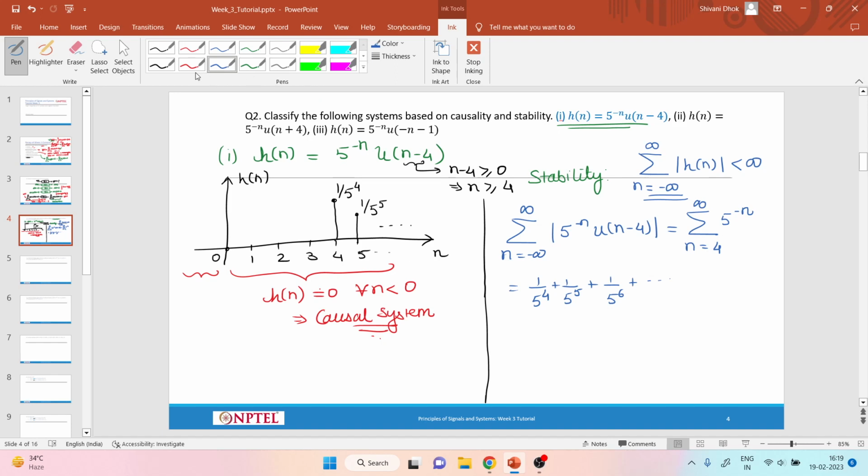So this is your simple infinite geometric progression, and therefore we can write it as the first term upon 1 minus the common ratio. So this comes out to be 1 upon 5 cube into 4, and this is less than infinity, which means that it is a stable system.